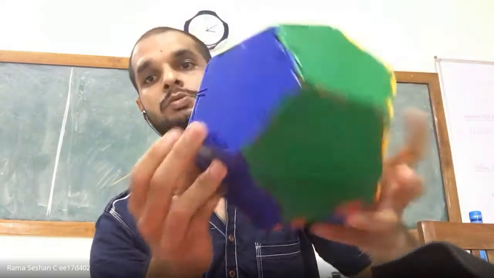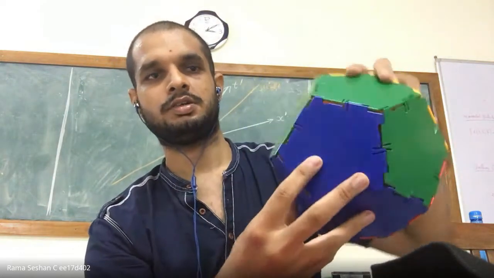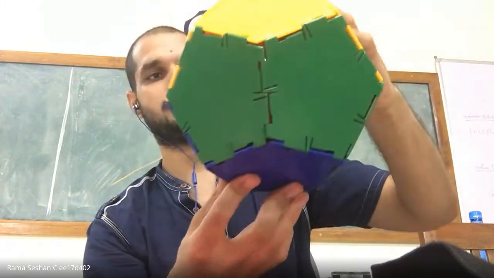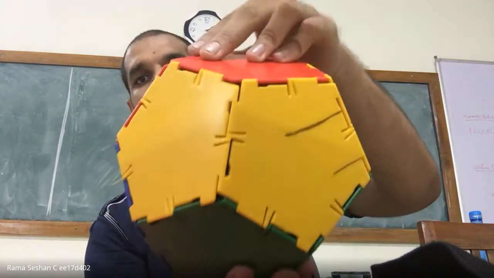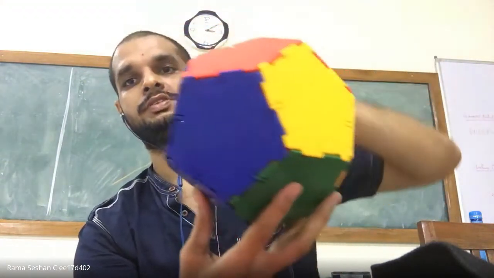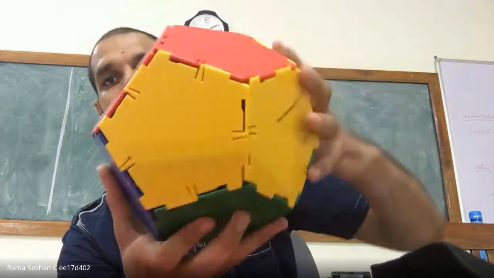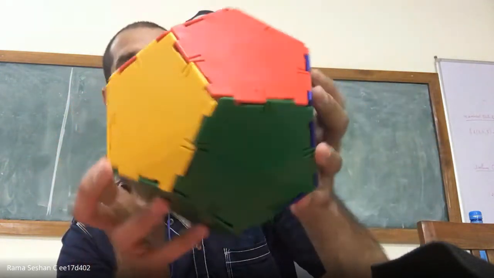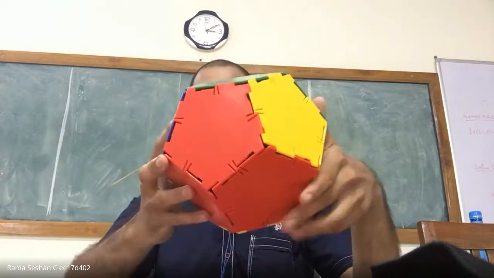This is top 3, bottom 3, and then side 6 pentagons, if you can see. So 3 plus 3 plus 6 is 12. So it's called a dodecahedron. Do means 2, deca means 10, dodeca is 12.